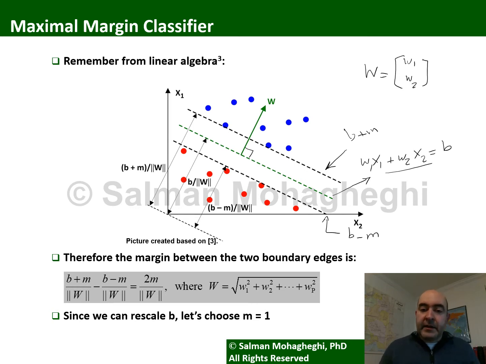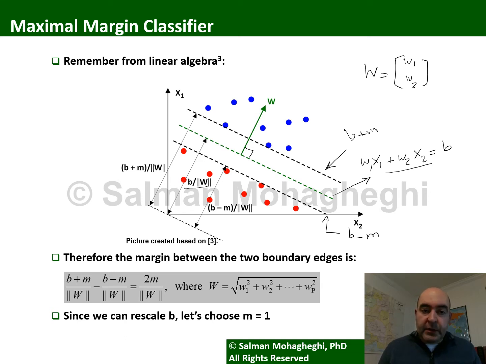And then the distance of this line, the green line, that is, the decision boundary, to the origin along the lines of W would be B divided by the norm of W, the 2-norm in this case.